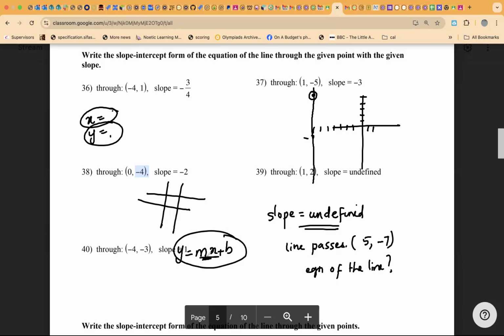Because the slope is undefined, it is a vertical line, right? So it has to be x equal to whatever the x value of this point 5 comma minus 7 is. When you think about it, all points on the line pass through x equal to 5. There is no other value for x. So the equation of the line is x equal to 5.